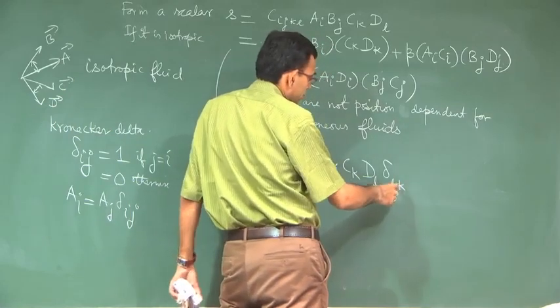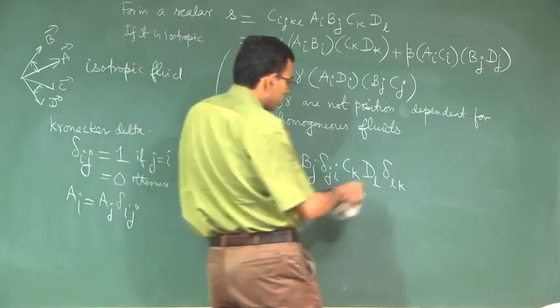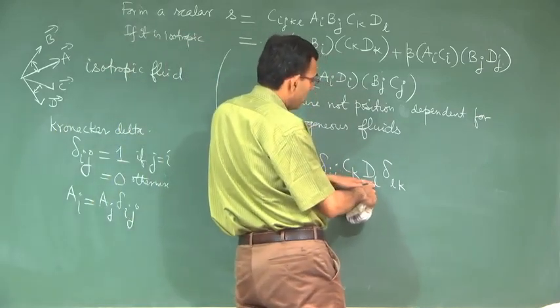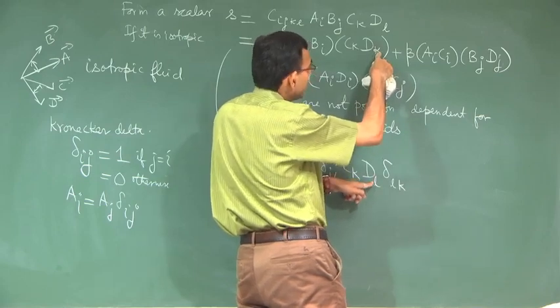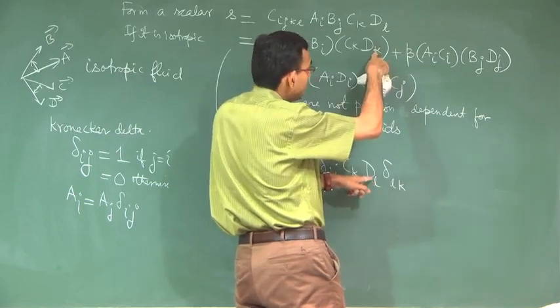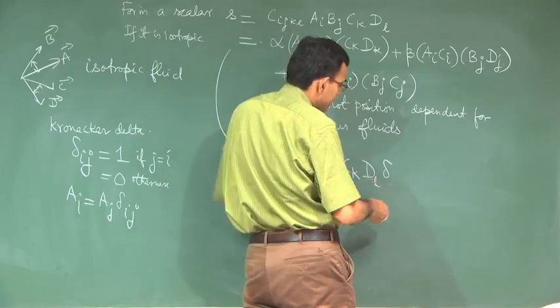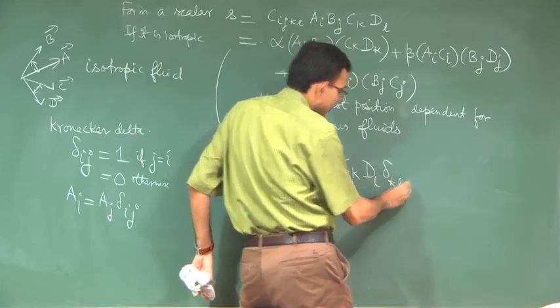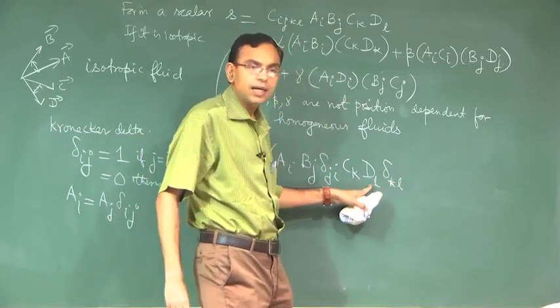Sorry, let me just, so this is delta l, you want to eventually have this as dk. So, if you write this as this, when l equal to k, this will become dk.